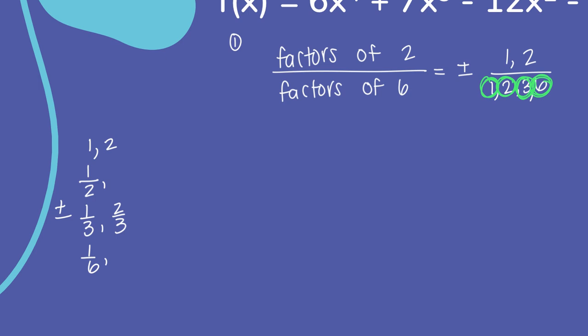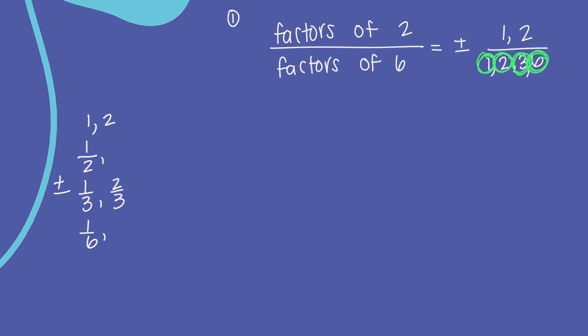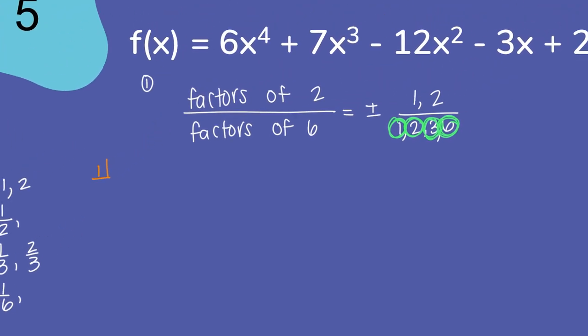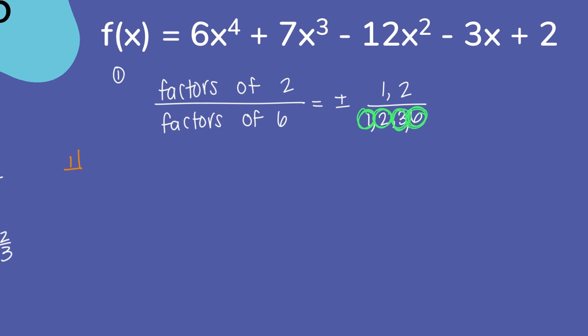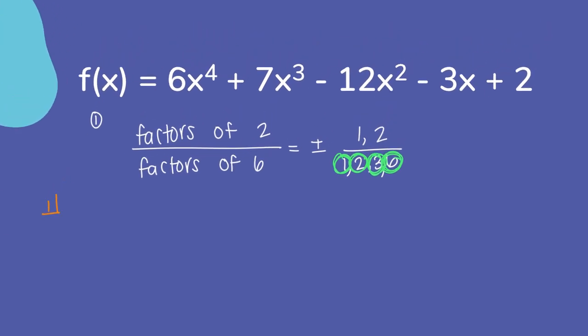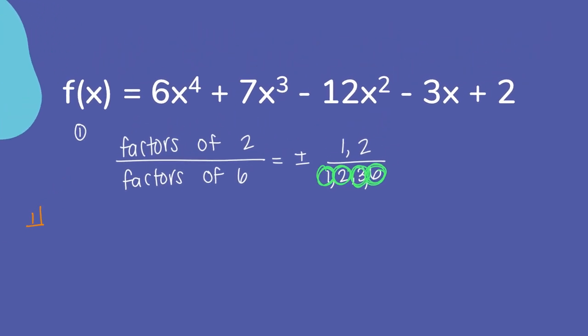Keep in mind, you are using synthetic division to solve these. So going ahead and using 1 first. Okay, 1 goes up in my box, and then I'm using my coefficients. All right, really quick, before we do this, how many answers am I going to have? 4.